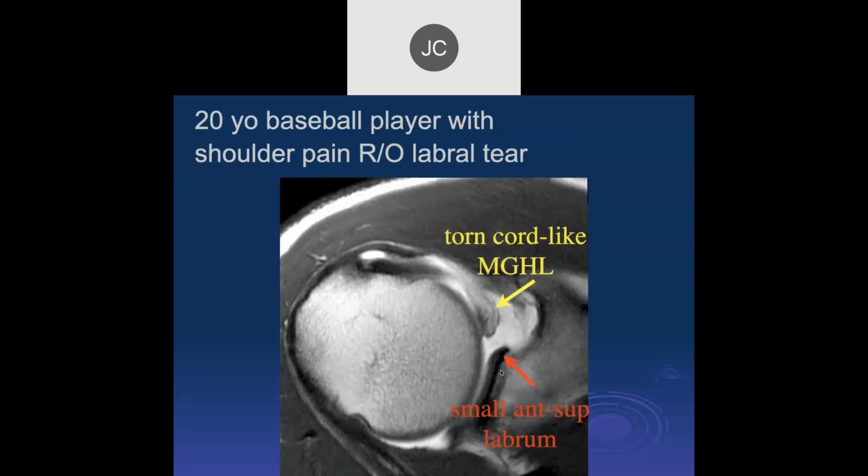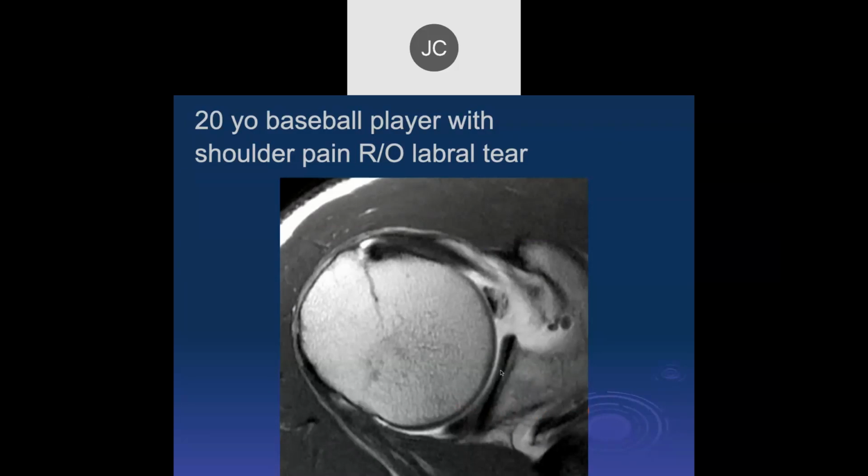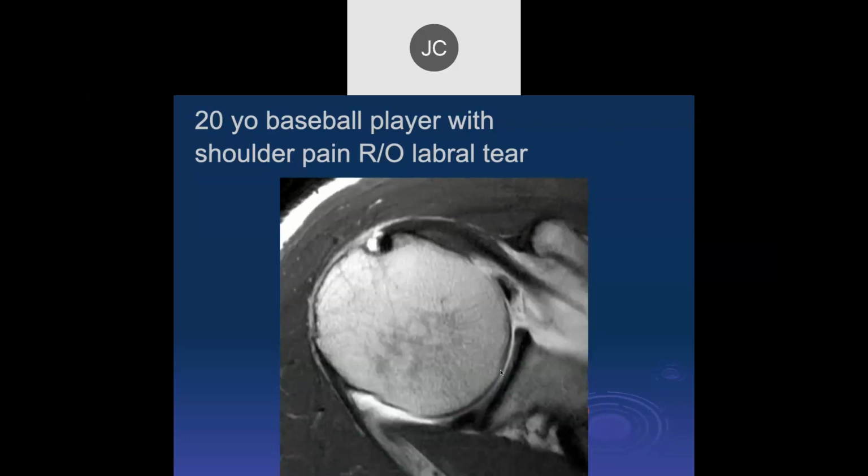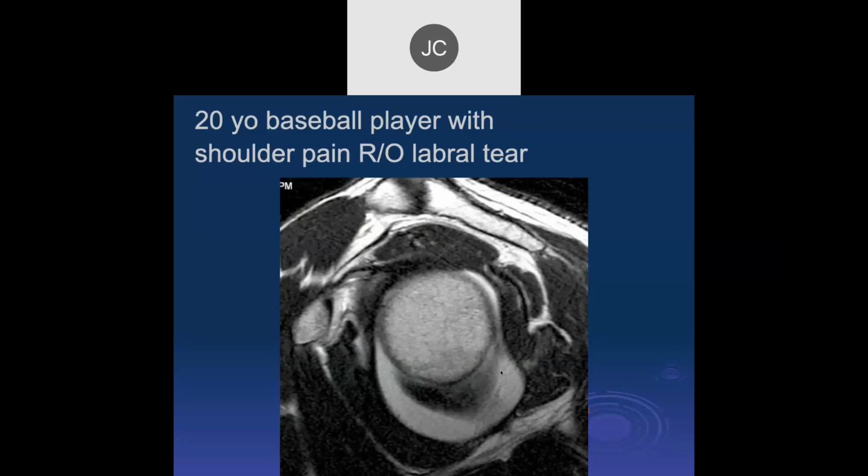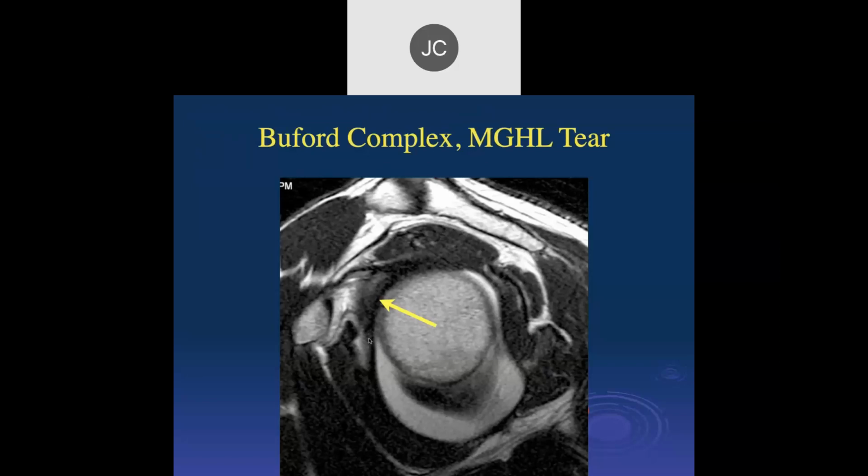Yeah. And if we go farther down, this is a tear in the middle glenohumeral ligament. Not common, but this thickening here and there. You can confirm the middle glenohumeral ligament very nicely on these sagittal images because we see it fusing with the deep subscap. So that's a patient who had a Buford complex, but had a tear of the middle glenohumeral ligament.